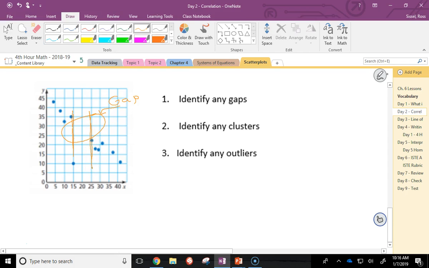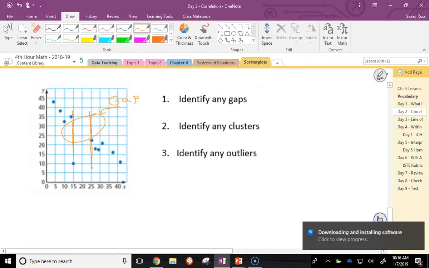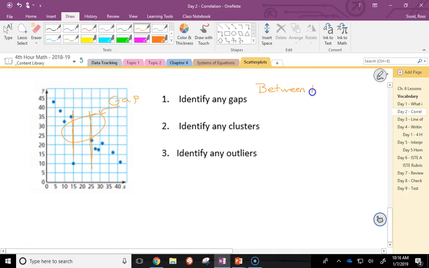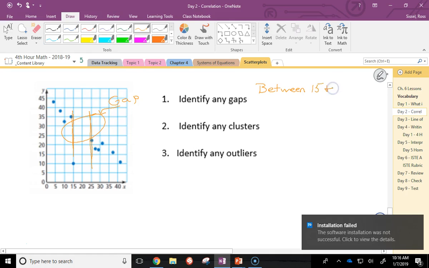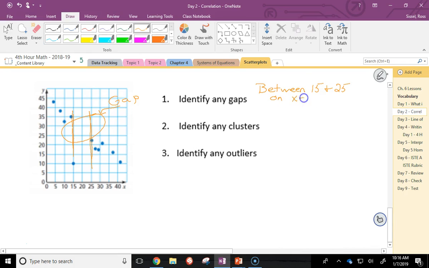Okay? So I will identify this gap between 15 and 25. So I'll say my gap between 15 and 25 on x-axis.